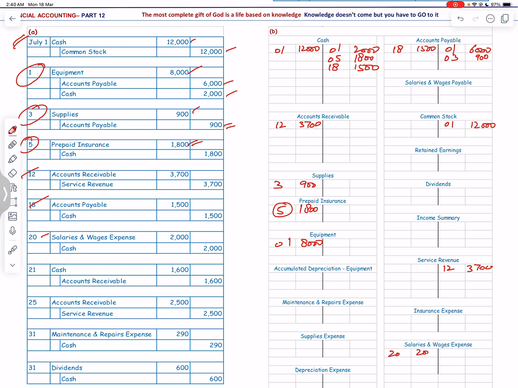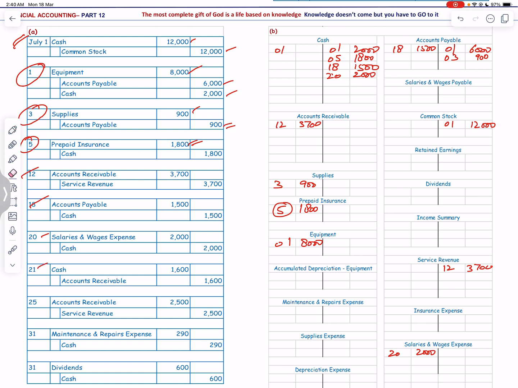Now we have 21st of July. Cash is debit by 1600 and accounts receivable is credited by 1600.